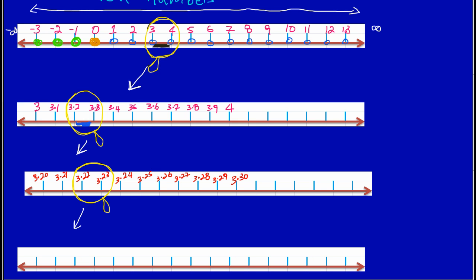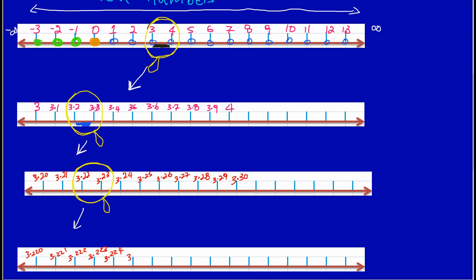Okay, so if this is 3.22, then my first point here would be 3.220. Then I would have a 3.221, then 3.222, then 3.223. And I think you should be getting the general idea of what is happening.